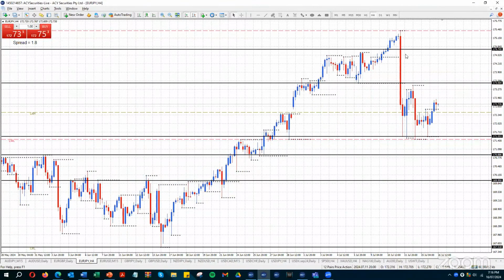Now, this is a large imbalance, doesn't have to get filled. Big question about, did we have an intervention last week? You know, we could come up a little bit and get more intervention. So I don't know whether this is going to get filled in the short term, it could obviously get filled in the long term, but in the short term, that may hold for us to move more down the range.